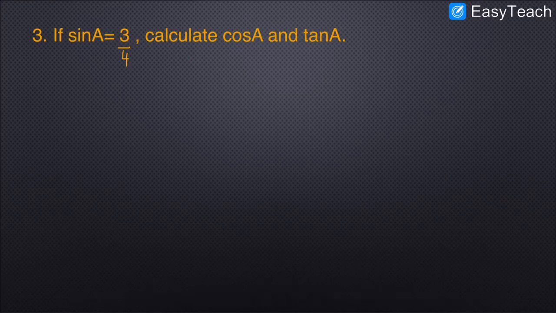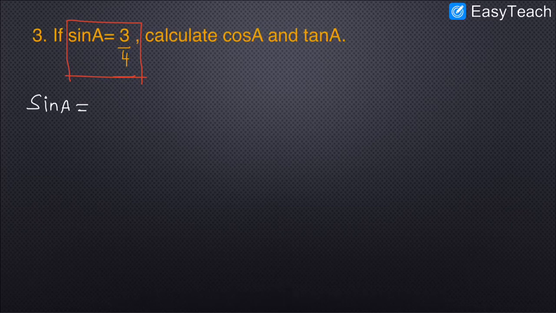If sine A equals 3 by 4, calculate cos A and tan A. Here no figure is given, but instead we have one ratio, right? So we can derive the values from this ratio. How to derive?